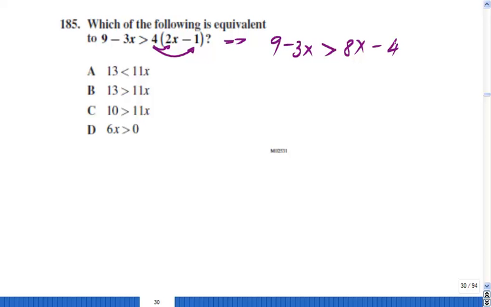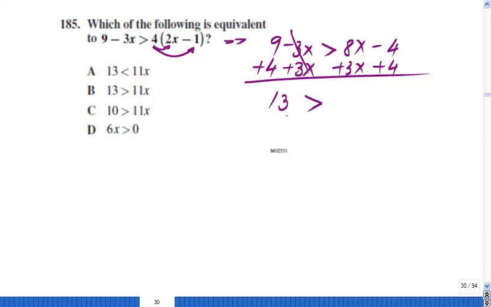Move your x on one side, right? Whichever side you want. Well, I prefer the right. In this case, I'm adding 3x, and this minus 4 here should go away. I'm adding 4, that will make it 0. And you add 4 to both sides because you don't want to change this inequality. 9 plus 4, 13, minus 3x plus 3x, 0.